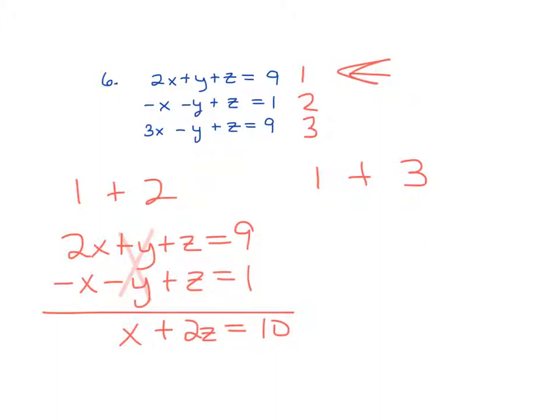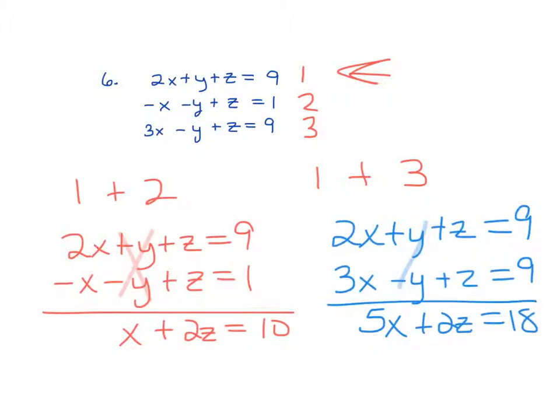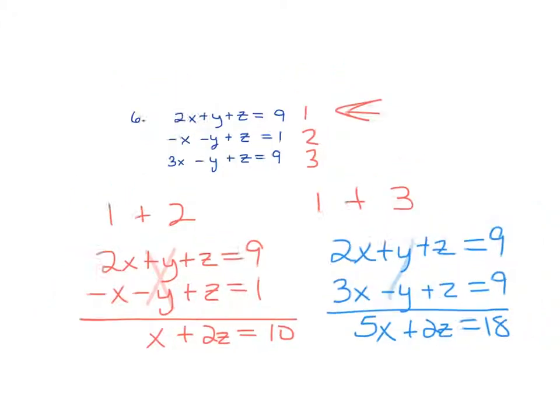They're already set. I didn't need to do anything on this one. This one was super easy. All right, so 2x plus y plus z equals 9. And then write 3 underneath it. 3x minus y plus z equals 9. The y's cancel. And I get 5x plus 2z equals 18. I know, that's why I usually put the little line through it.